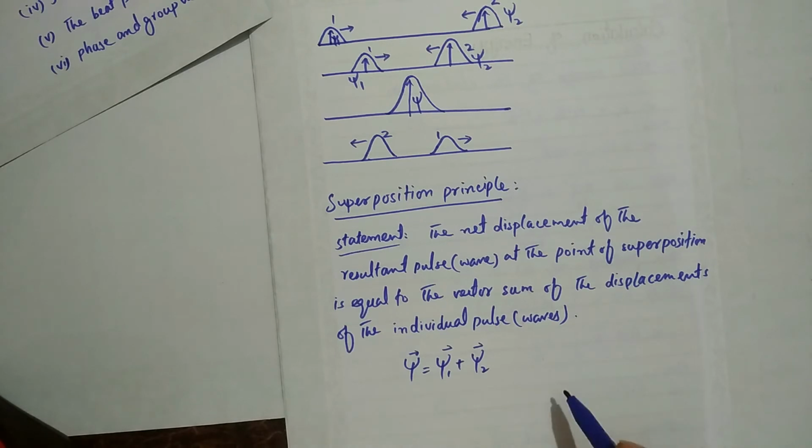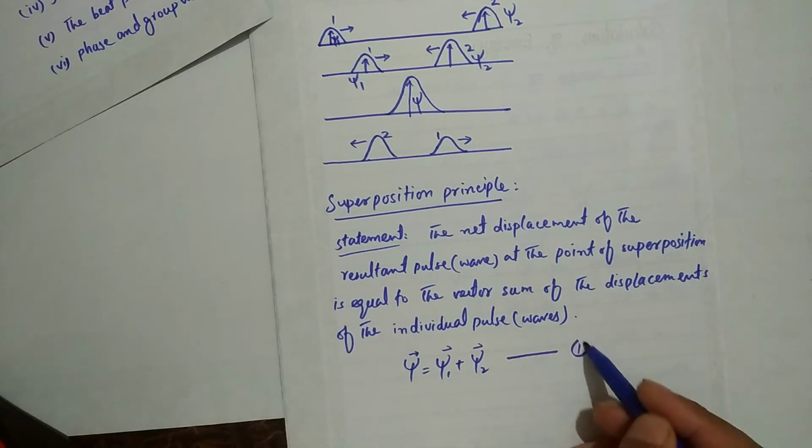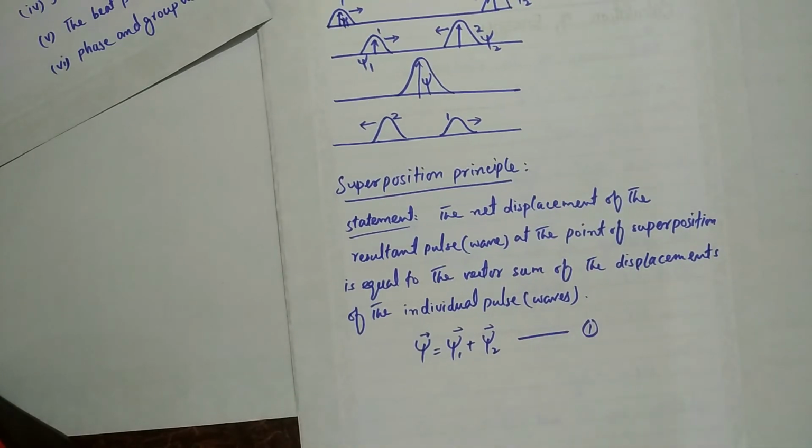Clear? This is equation number 1. Using this principle, the resultant wave amplitude and irradiance, which is measured in watt per square meter, can be calculated and verified by measurement.